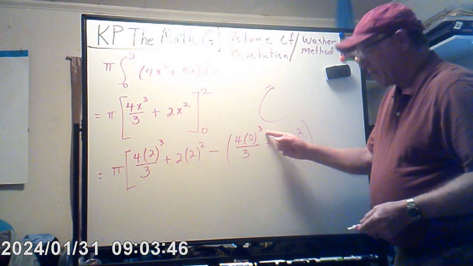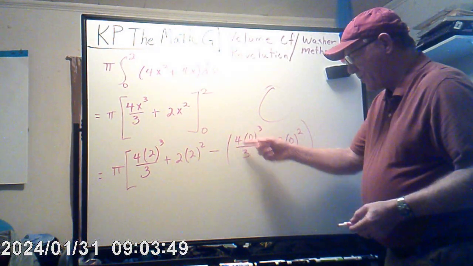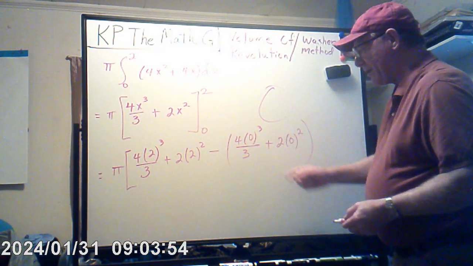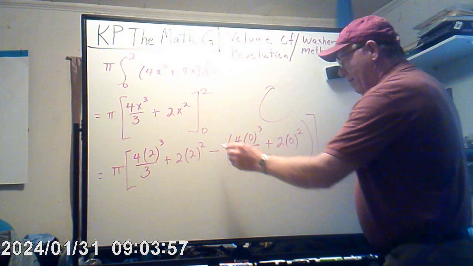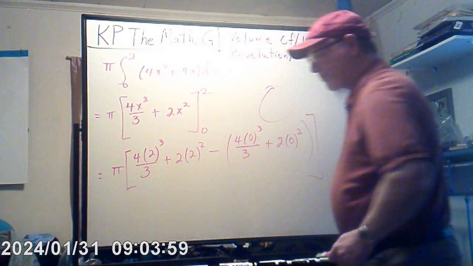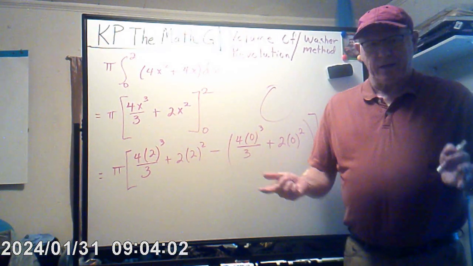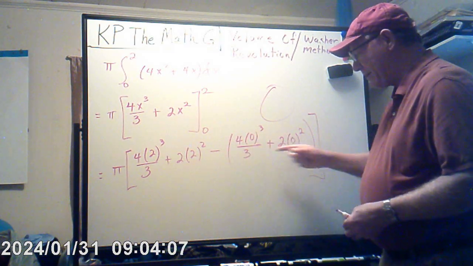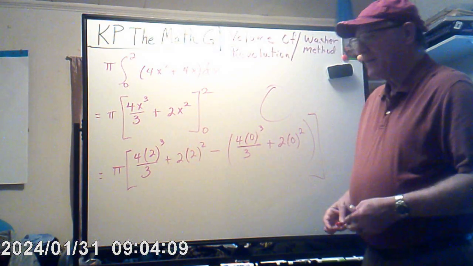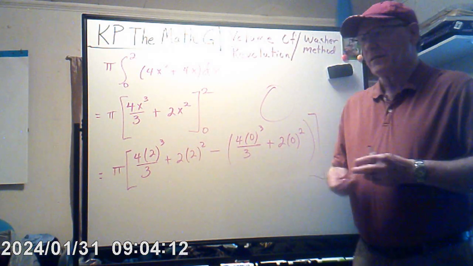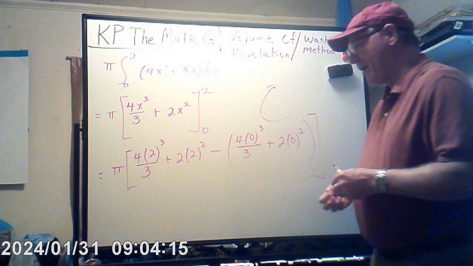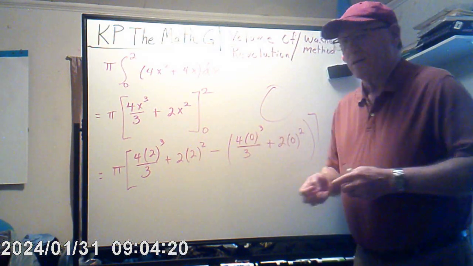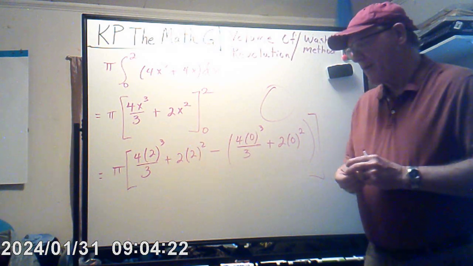Because 0 cubed is 0, 0 times 4/3 is 0, 0 squared is 0, 0 times 2 is 0. This is all 0 here. So really all we're looking at is this part right here. If you're in an AP class, you might just want to say this is 0. You may not even have to plug this in, unless your instructor tells you to do that. But if your instructor does not, at least acknowledge that that is a 0.